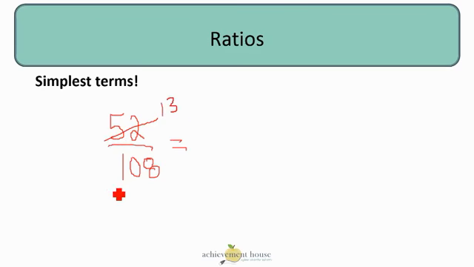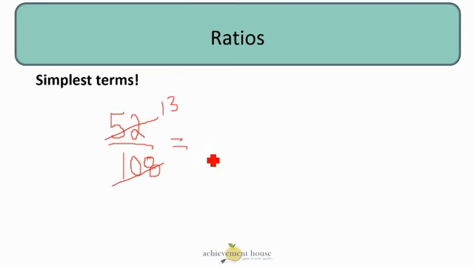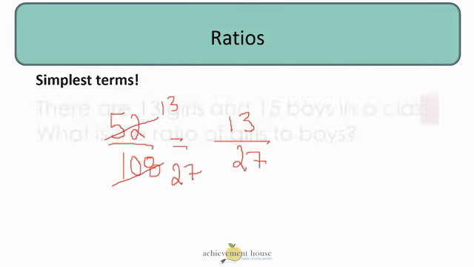And if we divide 108 by 4, we get 27. So our simplified ratio would be 13 to 27. So every 27 at-bats, I should get 13 hits if I'm keeping the same ratio of hits to at-bats.